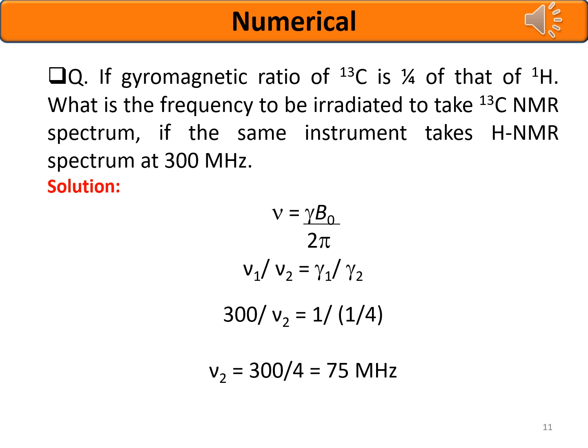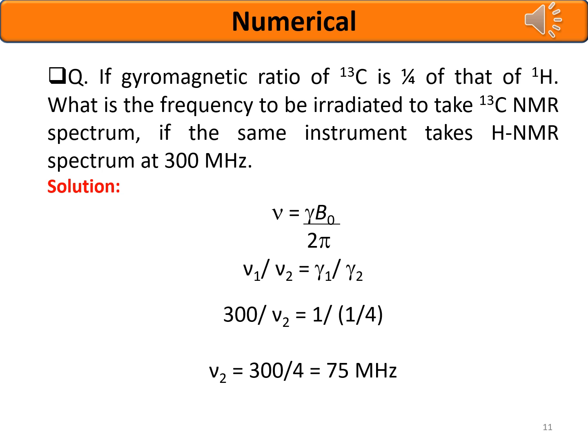So the equation relating the radio frequency and the magnetic field strength is nu is equal to gamma B0 by 2 pi, where gamma is called the gyromagnetic ratio, B0 is the magnetic field strength.